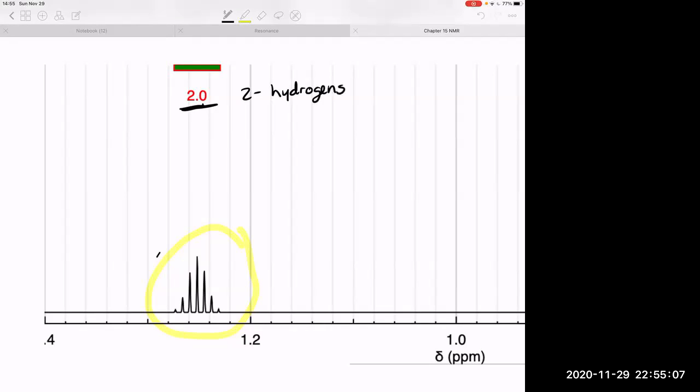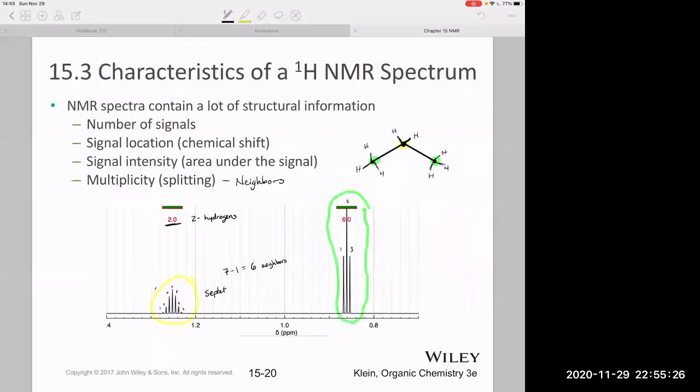But it's been split into 1, 2, 3, 4, 5, 6, 7 different little peaks, right? So this is a septet. And so if we take our 7 minus 1, that would be 6 neighbors, which is exactly what we see for propane.